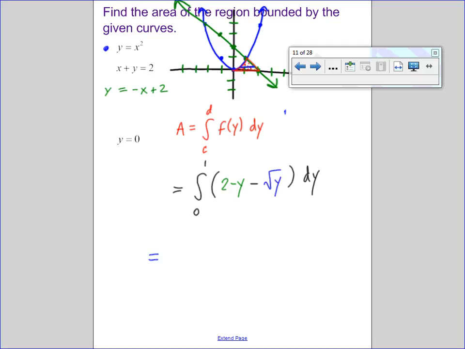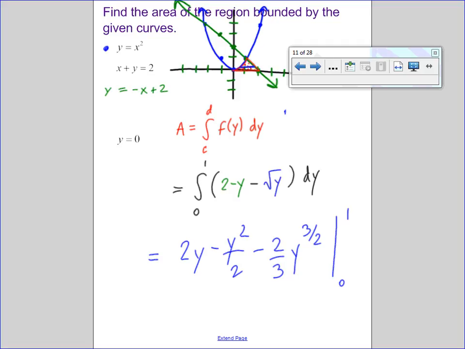All right, so I'm just going to do this one quick because we can integrate 2y minus y squared over 2 minus, power rule, right? y to the 1/2, current exponent goes to y to the 3/2. Dividing by the new exponent, dividing by 3/2, is the same as multiplying by 2/3, right? y to the 3/2, evaluated from 0 to 1.